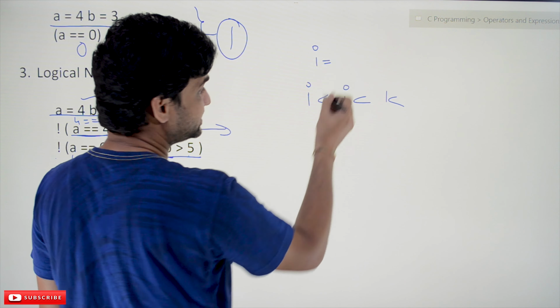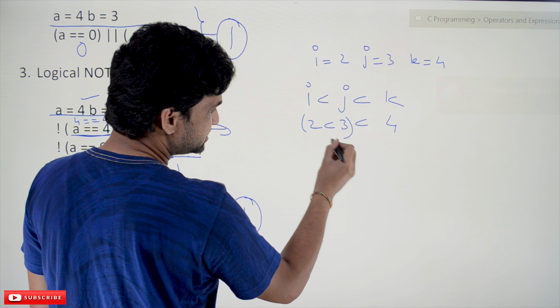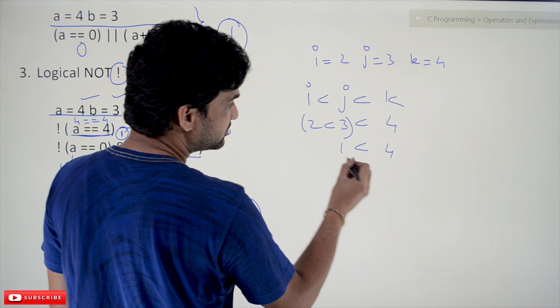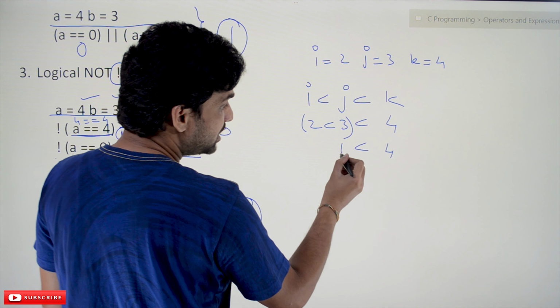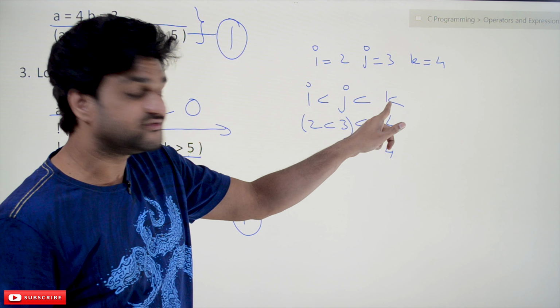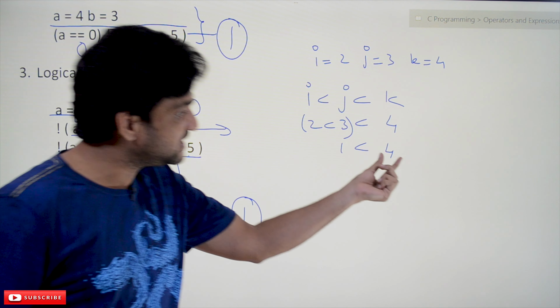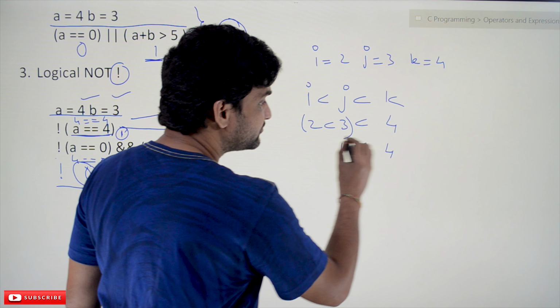For example, if i is equal to 2, j is equal to 3 and k is equal to 4, how it will get evaluated, we have already discussed in our previous video. The output of this expression is going to be 1 less than 4, but what we are expecting is 2 less than 3 less than 4. So 3 has to be evaluated with 4, but it is not happening that way. The output of this expression will be evaluated with 4. So this is not what we are expecting.